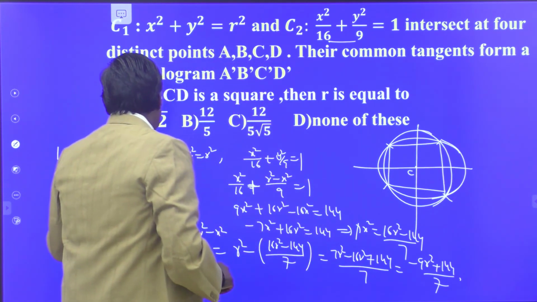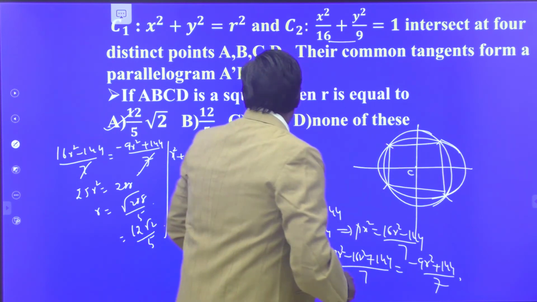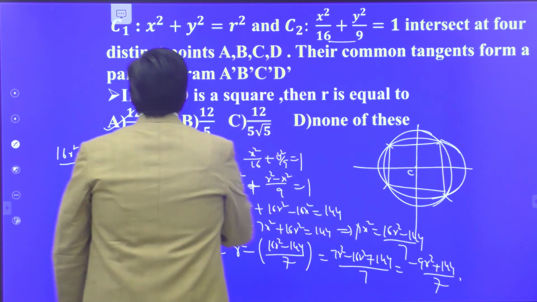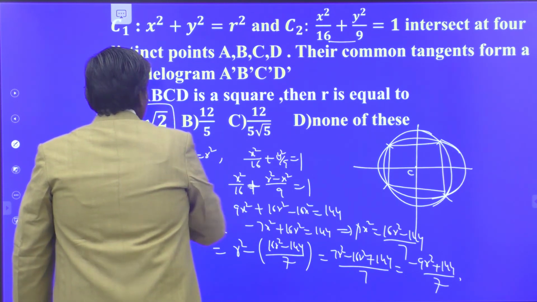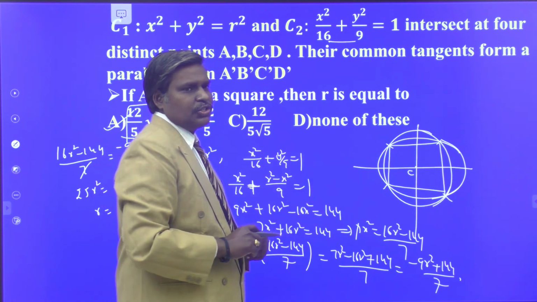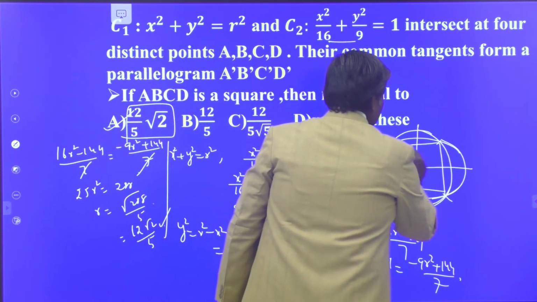Then the radius of the circle, which intersects the ellipse at 4 points, for that the radius is what, my dears? 12 root 2 by 5. This is the answer. So what is the main basic idea? Both x and y coordinates should be the same for their points of intersection. Then only this becomes a square.